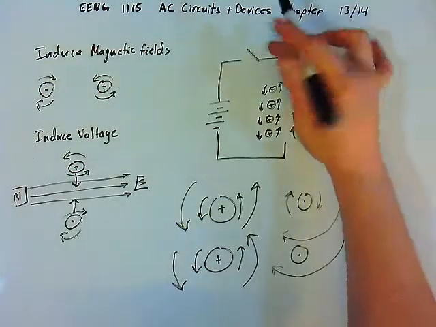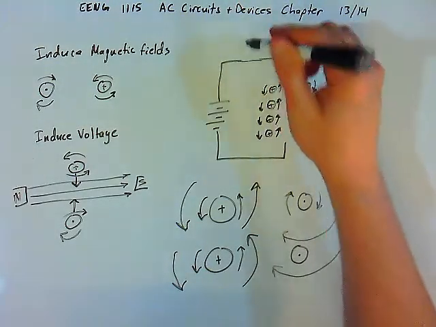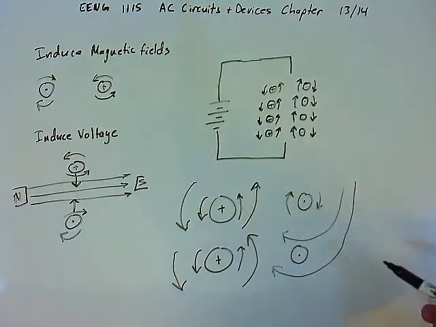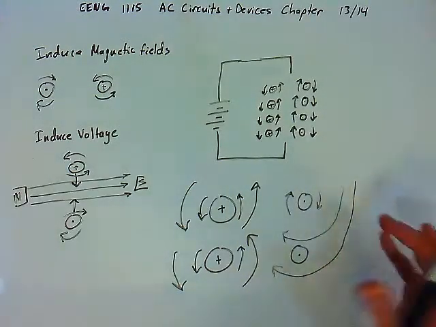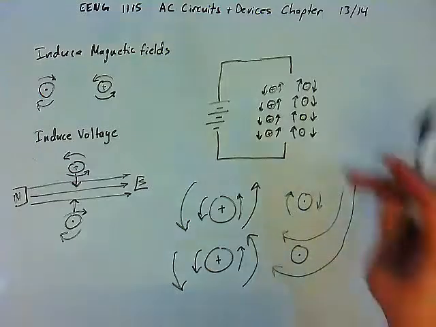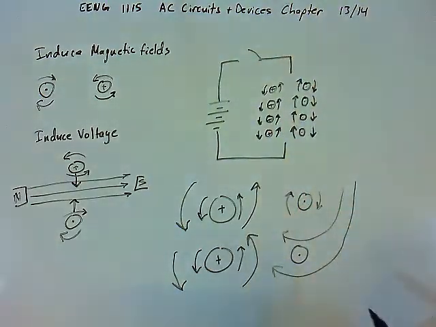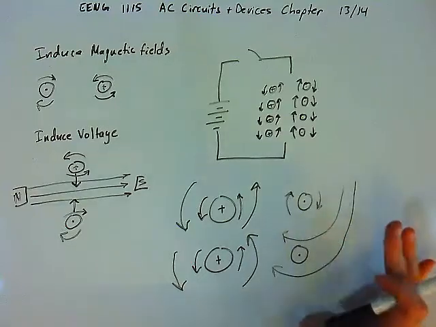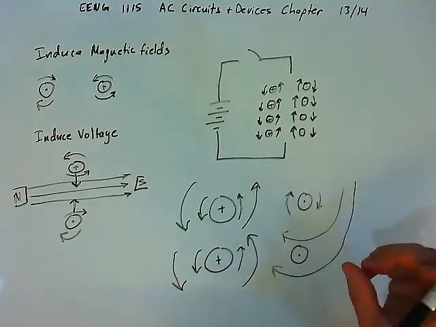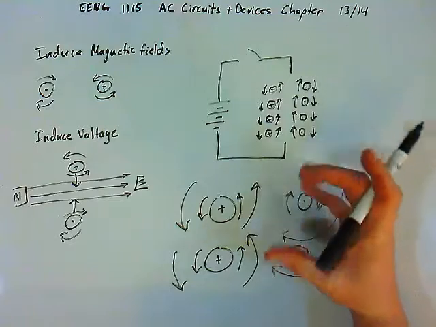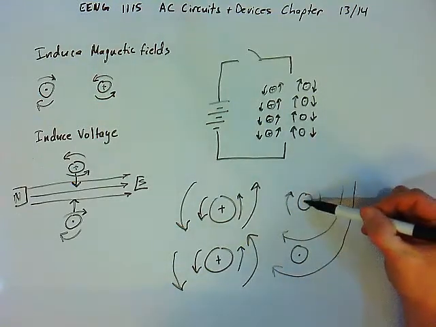Now let's say that the switch is closed and the current flowing through the inductor is at its maximum value. The magnetic field has grown to its maximum value. If we reopen the switch and the current can no longer flow, these magnetic fields now want to collapse. They want to go back and collapse back down around the conductor.